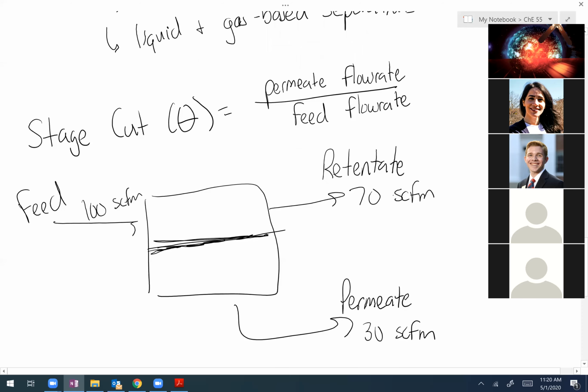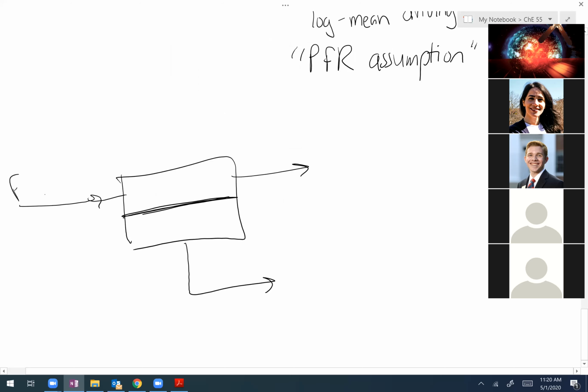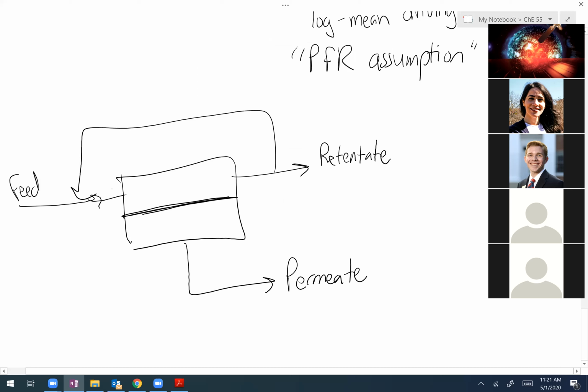But I can come up and look at a different system. Now, if I have something that looks like this, where this is feed, this is retentate, this is permeate, and then I do this through use of a recycle.